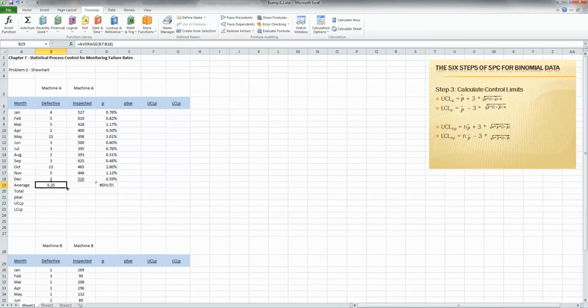And then we want to do the same for this, and then we see our overall average is 1.09, which is also the p-bar value.